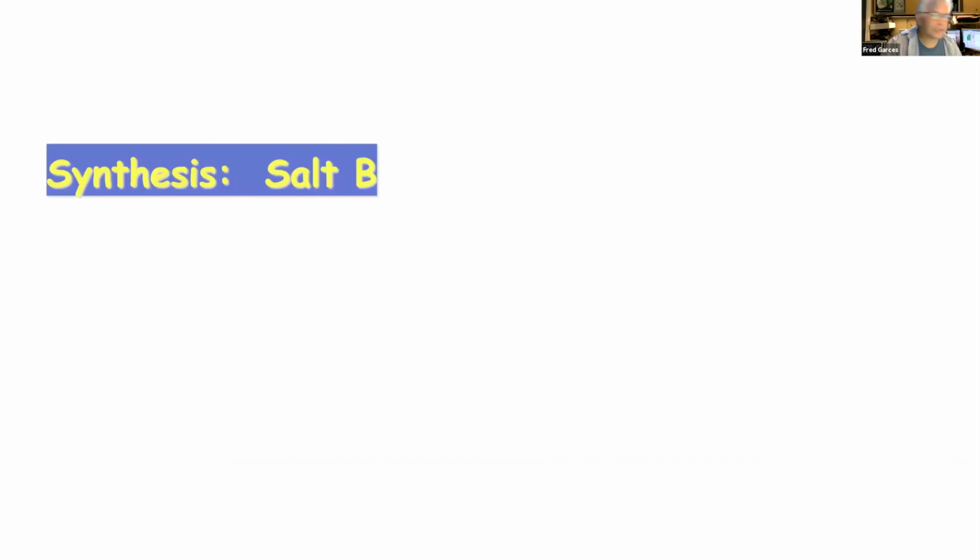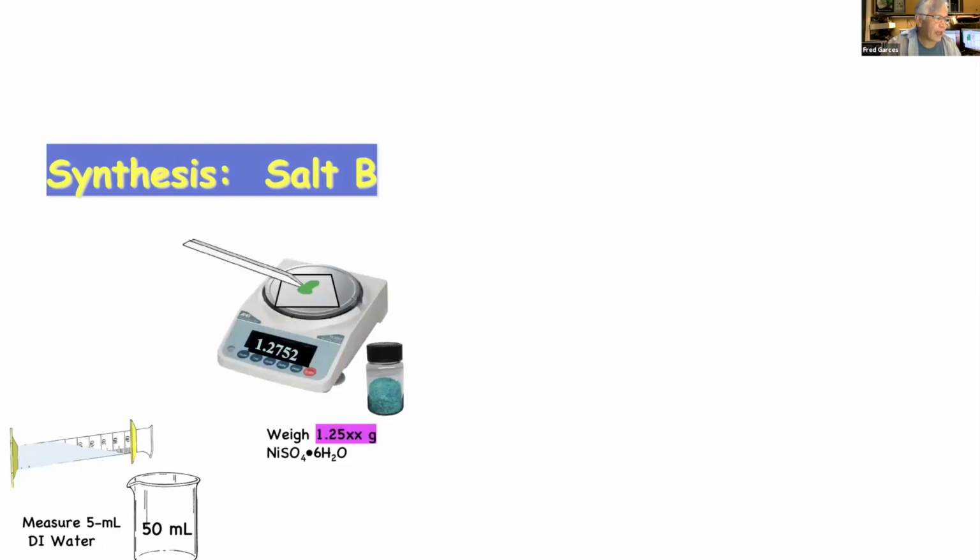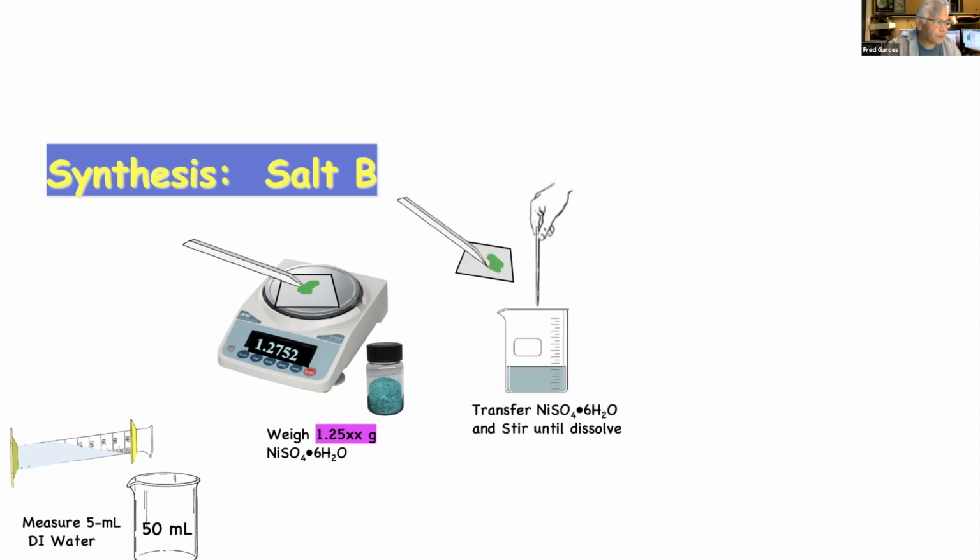This is the synthesis of salt B. And in this slide, again, we measure out 5 milliliters of water. And we weigh out, actually, this is the mass that we weighed out, 1.2752. The direction calls for weighing about 1.25, but when you actually go to the scale and weigh these things out, it's going to be in that ballpark. So it's 1.2752 grams of that starting material.